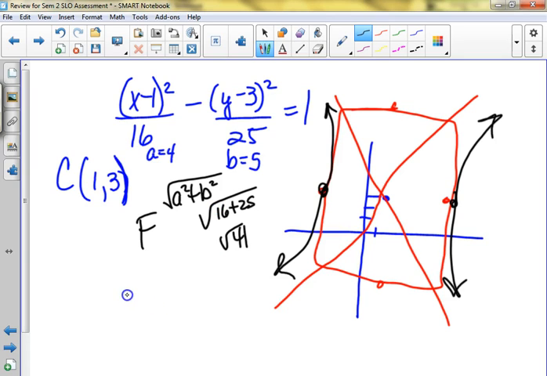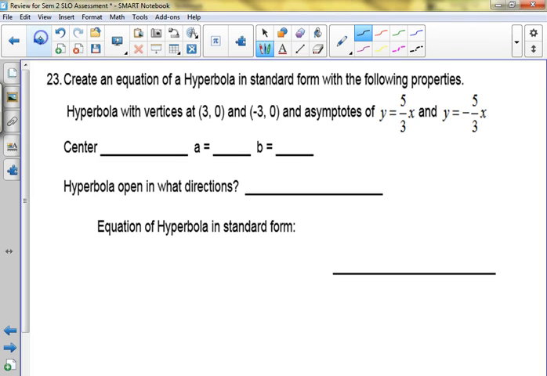Okay. So it would be 1 plus or minus square root of 41 comma 3. Is that right? Anybody double checking me? I think so, because it should be out that way. All right. This says create an equation of a hyperbola. Yeah, we didn't do the asymptotes on that one.